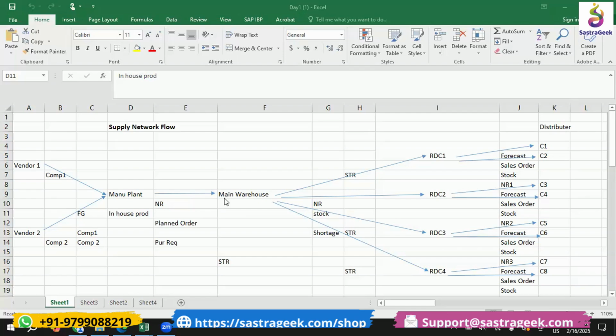If my main warehouse has a shortage, it will replenish the goods from the manufacturing plant. That means I have an in-house manufacturing facility where I will produce the goods. The production can happen in multiple stages. Take an example of the chemical industry. I manufacture an intermediate product.